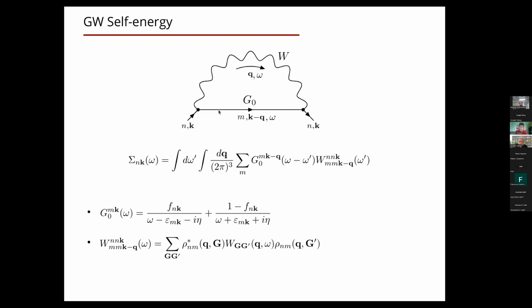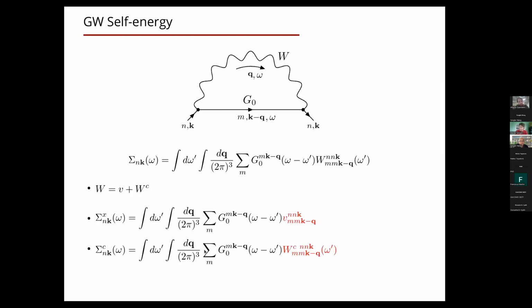So due to Feynman diagram rules, we need to integrate over all intermediate states. Thus, we will have an integral over energy, an integral over momentum, and a sum over the intermediate states. Then the non-interacting Green function is diagonal in the Kohn-Sham space, while we need to move the screened interaction from the plane wave to the Kohn-Sham space with the matrix of change of basis.